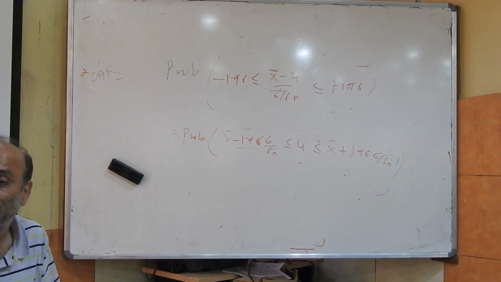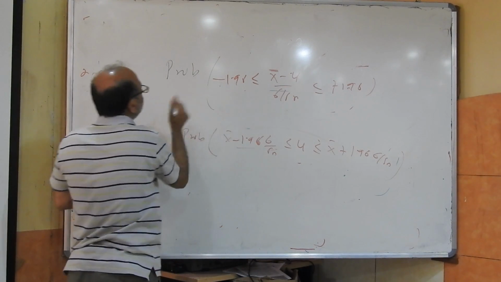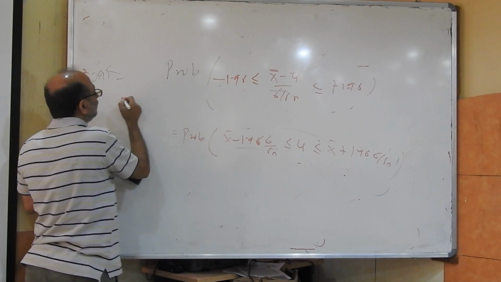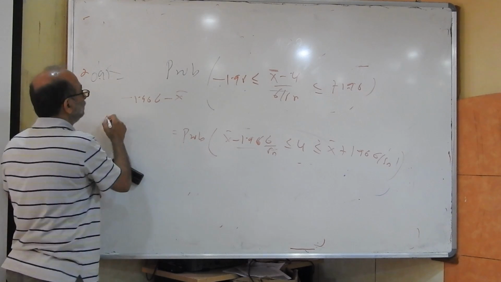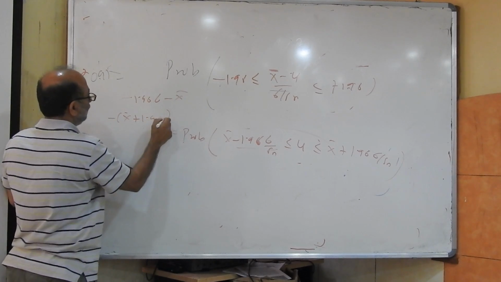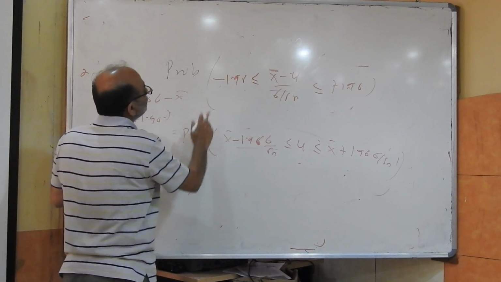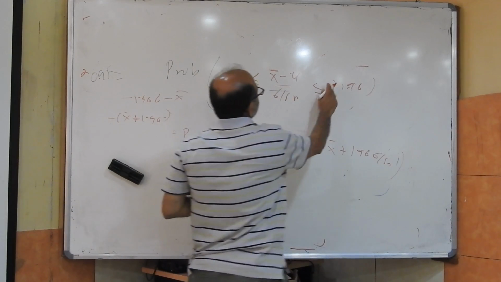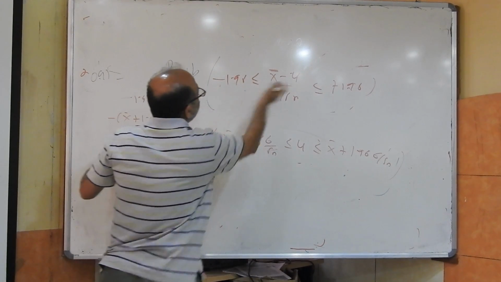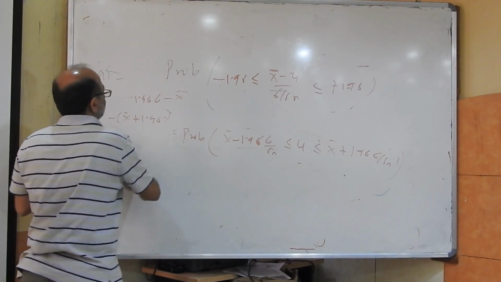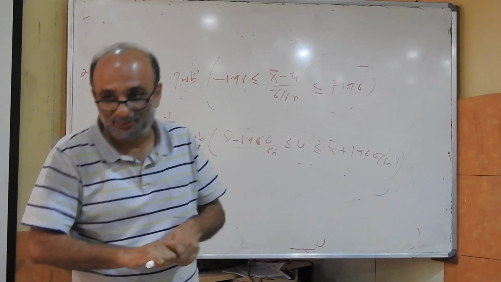Sorry, if you had subtracted X bar, then it would have been minus X bar plus 1.96 sigma by root n. Basically I did something quite haphazard here and missed out several steps in between.